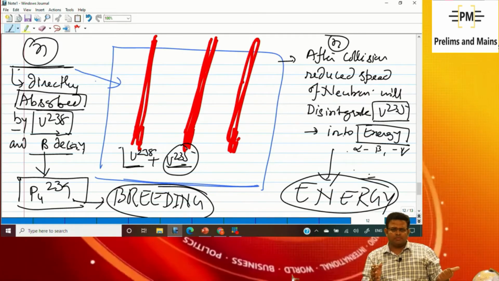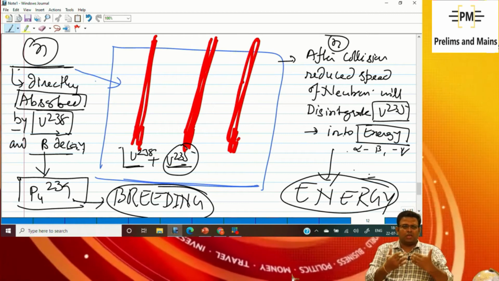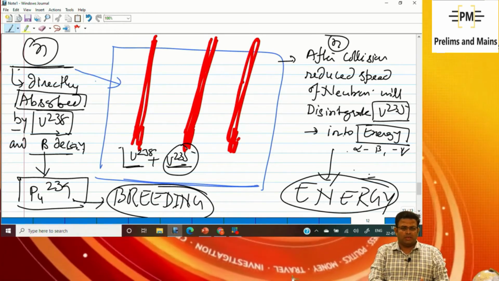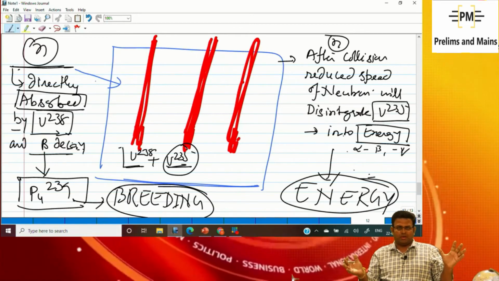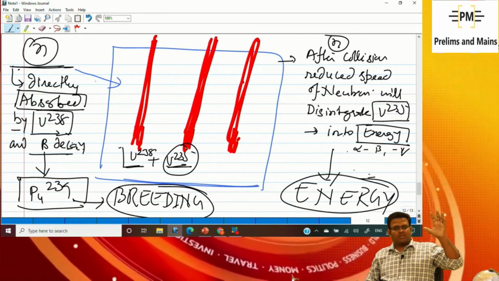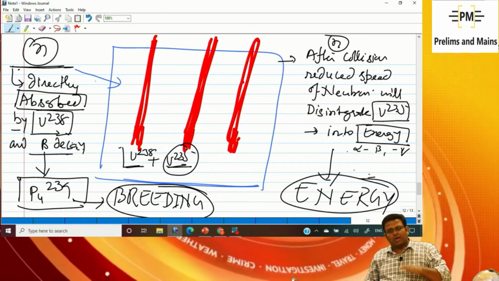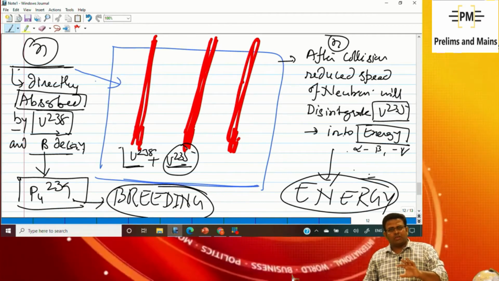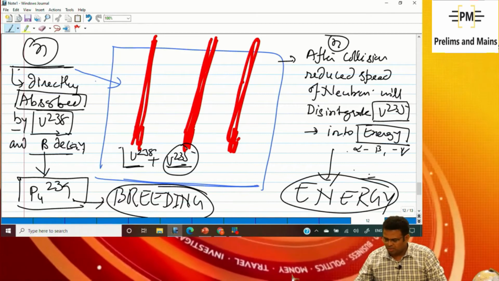They are absorbed, and with the beta decay, the energy is coming and it is converting into plutonium-239, because uranium-238 is not going to disintegrate, it is not a fissionable one. So some of the fast moving neutrons will convert uranium-238 into plutonium-239.